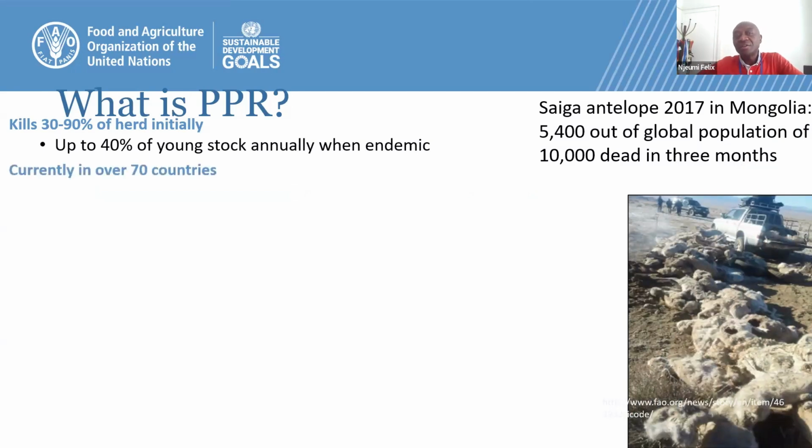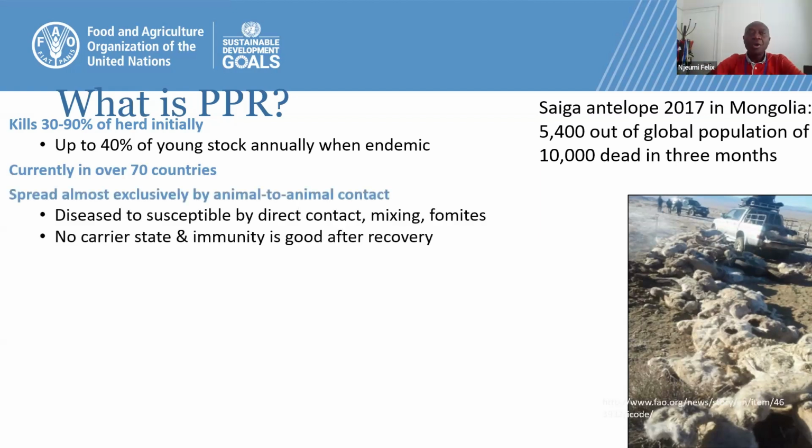Currently, 70 countries around the world are infected, from Senegal to Mongolia, China. This disease spreads by direct contact or when animals mix. There's no carrier state, but immunity is good after recovery. It means that in history, we have never had any animal get infected again.